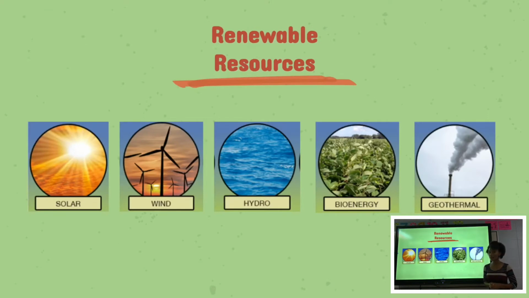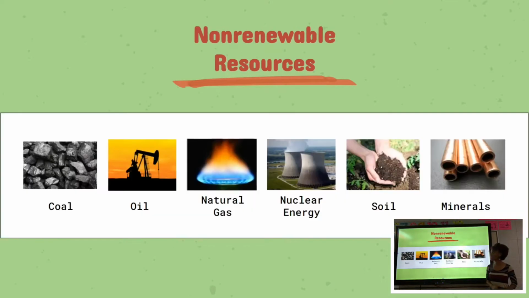Examples of renewable resources are solar, which comes from the sun; wind; hydro, which is also water; bioenergy, which comes from plants and animals; and then geothermal energy. Examples of non-renewable resources are coal, oil, natural gas, nuclear energy, soil, and minerals.